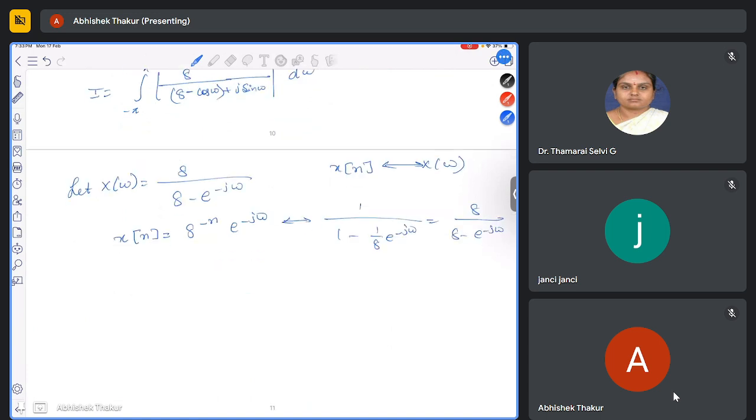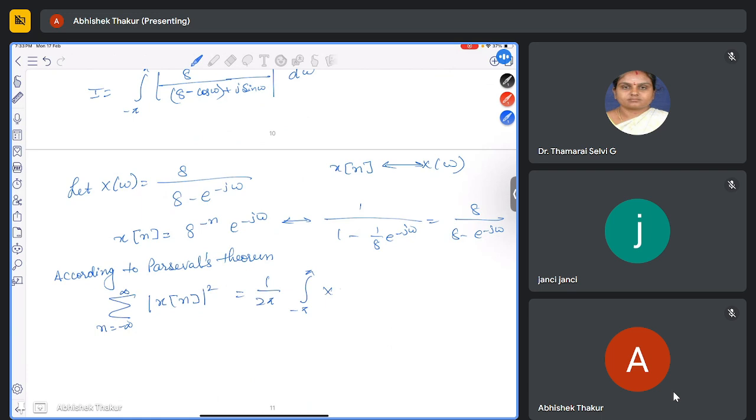So now according to Parseval's theorem, summation of mod of xn square is equal to 1 by 2 pi integral of x of omega mod square d omega.